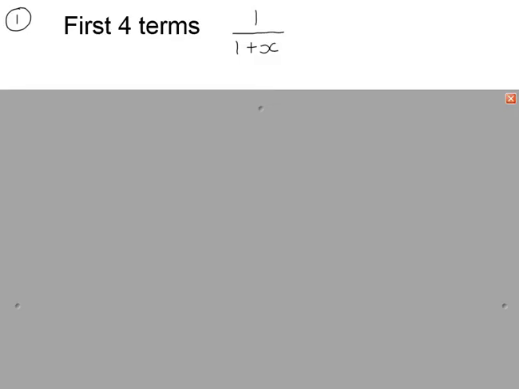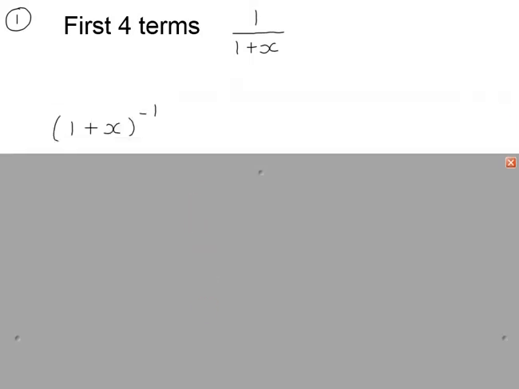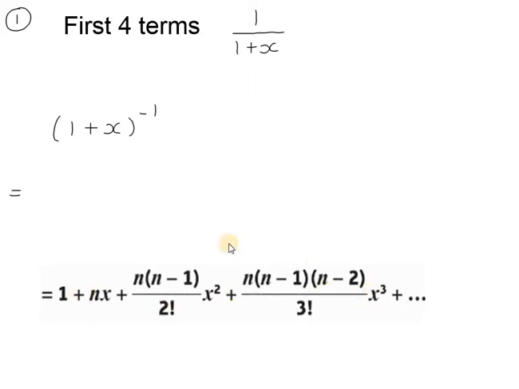Example 1. We need to rewrite this first in this form, and using this formula, the first term will be 1 plus, the next term is n times x, so I have to multiply these two together, and then the next term will be n times n minus 1 over 2 factorial times x squared.